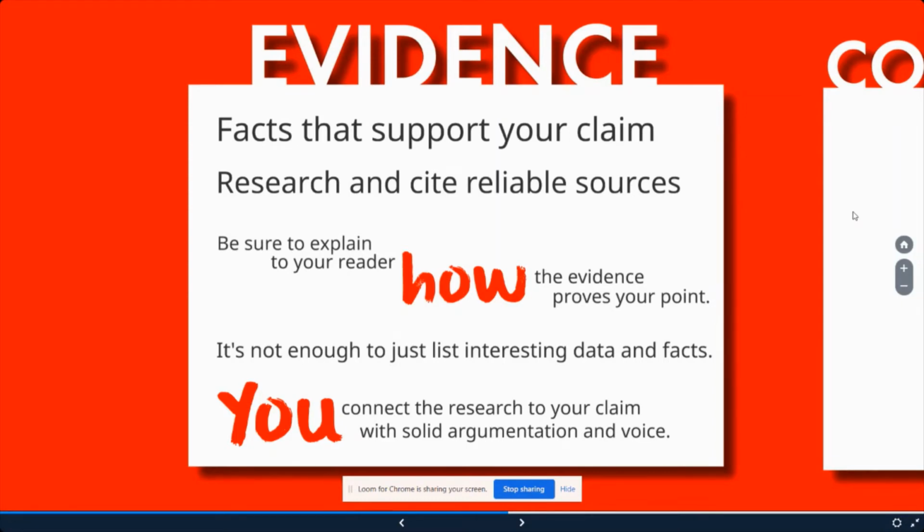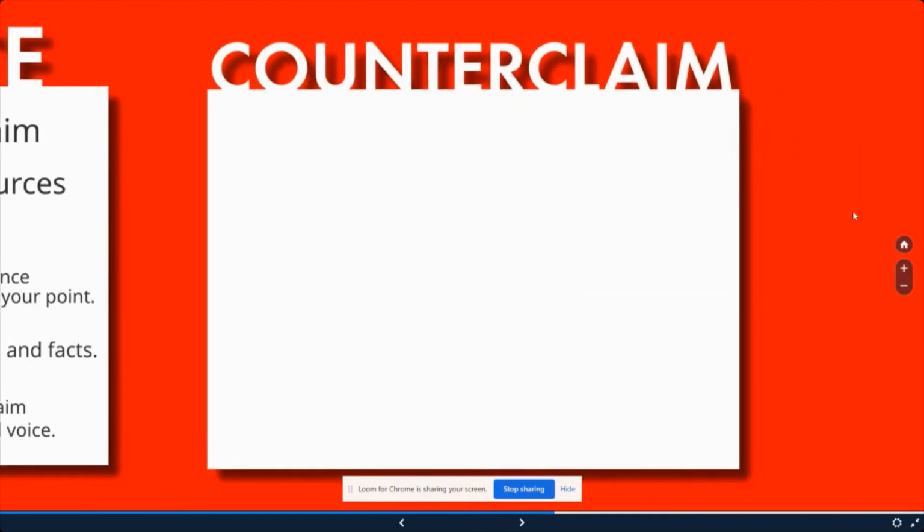And then going into your evidence, you'll say 25% of people in blah, blah, blah study had test anxiety. This shows that using a ACT test does not actually show all of your skills to the college admissions counselor, if that makes sense. All right. So again, you need to connect your research to your claim with solid argumentation and voice.